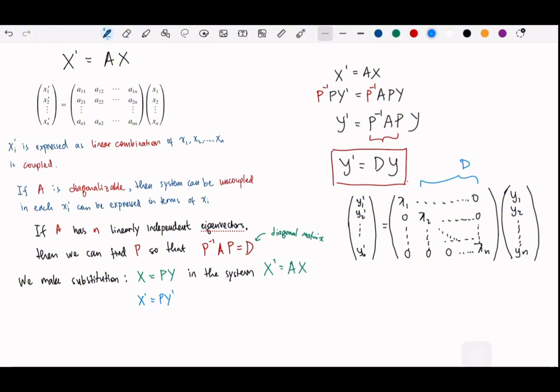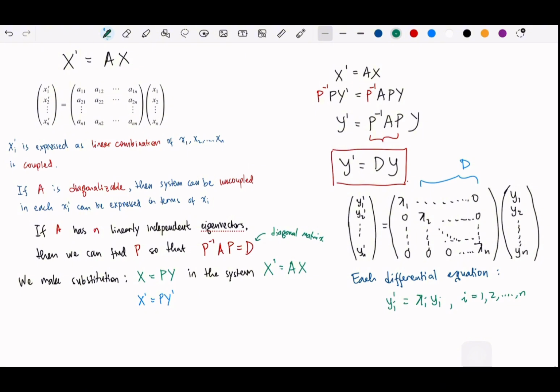Each differential equation, let me write here, is in the form of yi prime, let me write with green color, yi prime equals lambda i yi, where i will be from 1, 2 until n, which gives you some idea on the solution for this system.